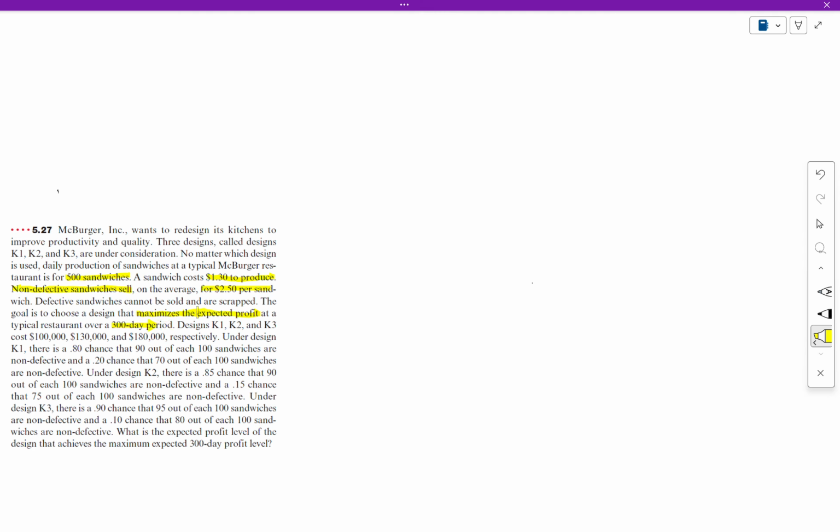Design K1, K2, and K3 cost $100,000, $130,000, and $180,000 respectively. These are their costs for each design.